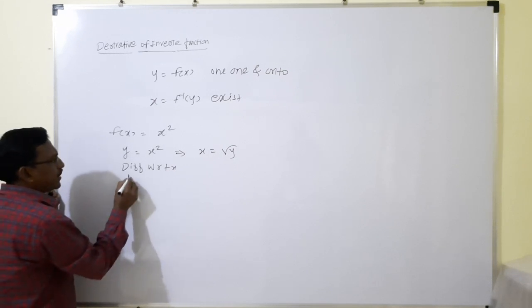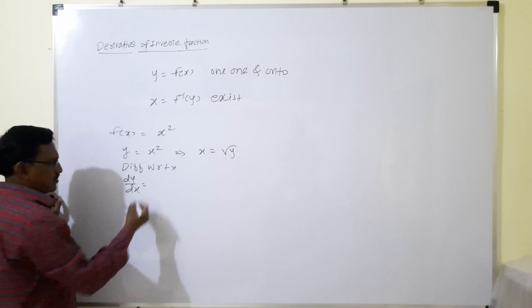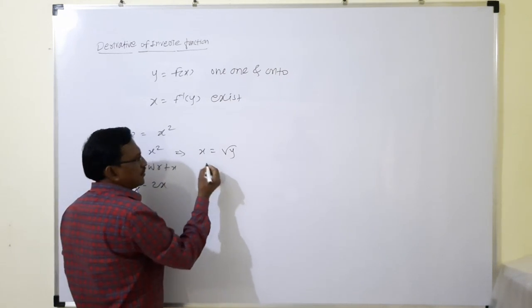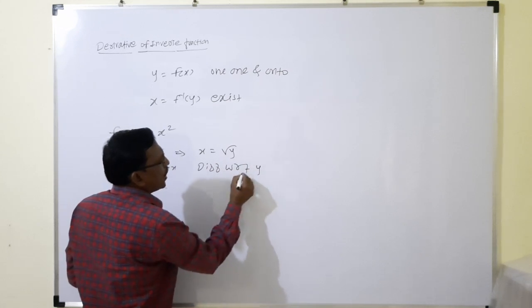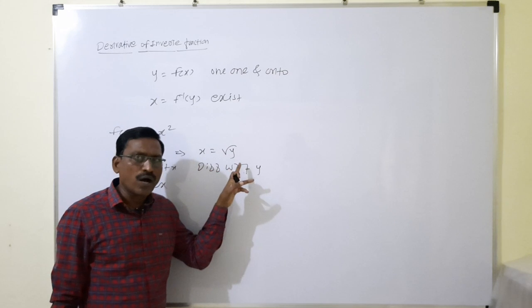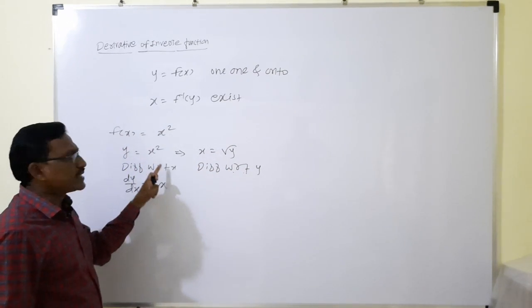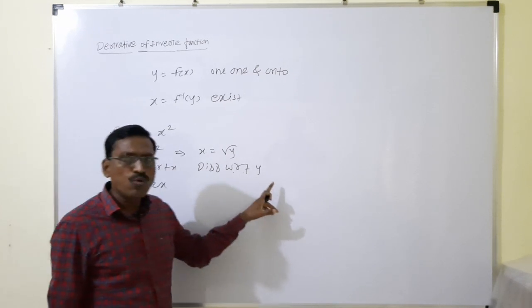So dy by dx is equal to the derivative of x square, which is 2x, and here we differentiate with respect to y, because this function is x in terms of y and the other is y in terms of x. That's why we differentiate this function with respect to y.